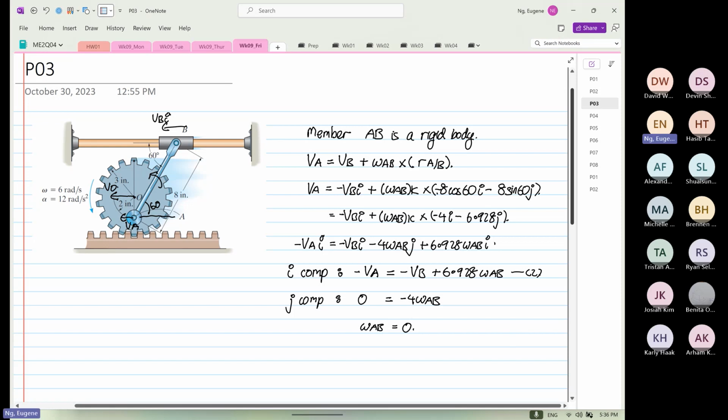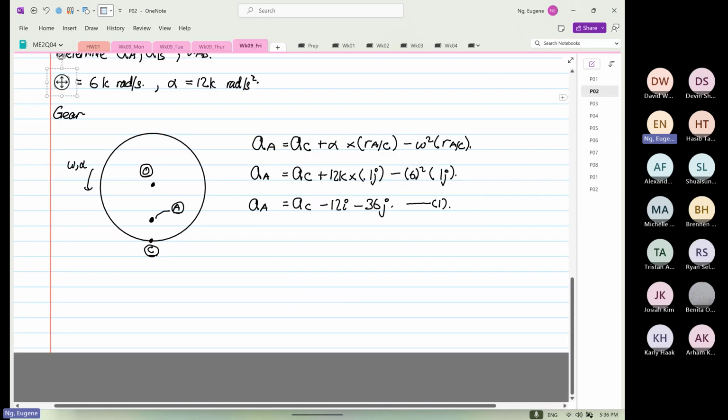So now coming back to our point, that's all the equations that we can form now. So now if we were to look back into equation number 1, acceleration A and acceleration C, okay, we don't know what is happening.